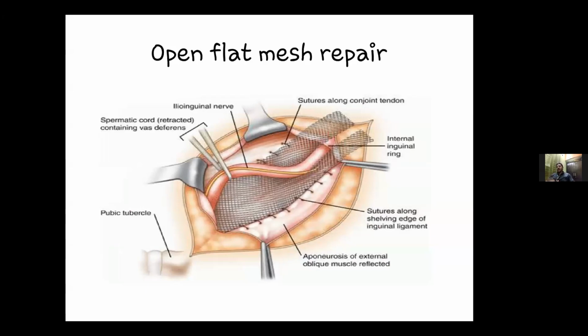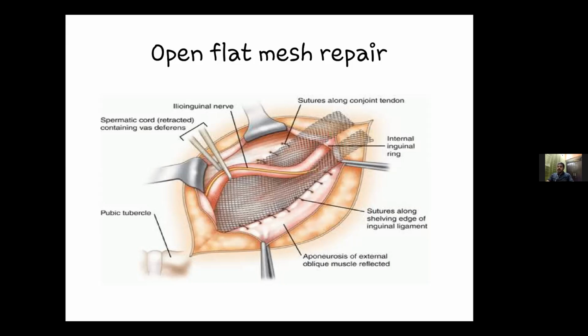In the late 19th century, a surgeon named Lichtenstein explained a simple flat polypropylene mesh repair for inguinal surgeries, in which a mesh measuring around 8 by 15 centimeters is placed below the spermatic cord, and it is sutured between the conjoint tendon and the inguinal ligament.